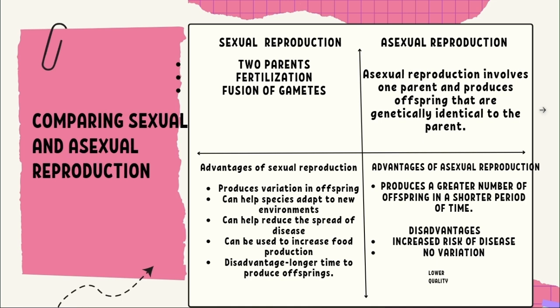It's basically equipping the next generation to be able to withstand different conditions, right? So it helps the species to adapt to new environments, helps to reduce the spread of disease, and can be used to increase food production. And the disadvantage to sexual reproduction is that it takes a longer time to produce offspring.